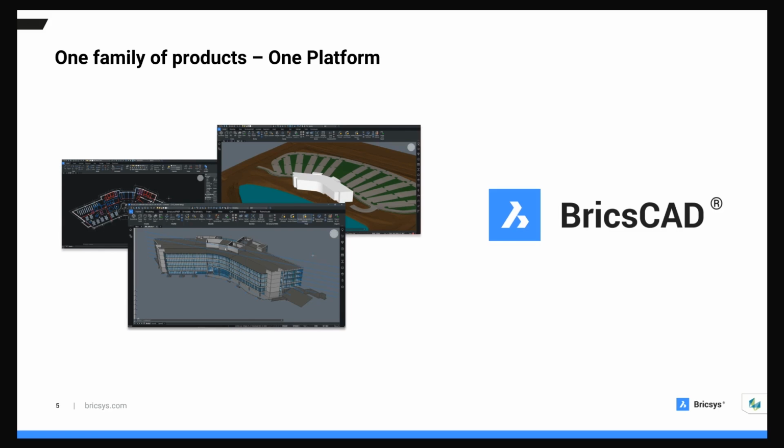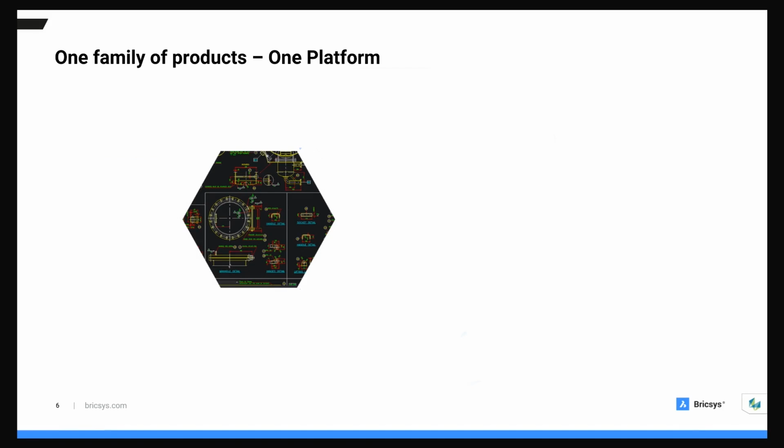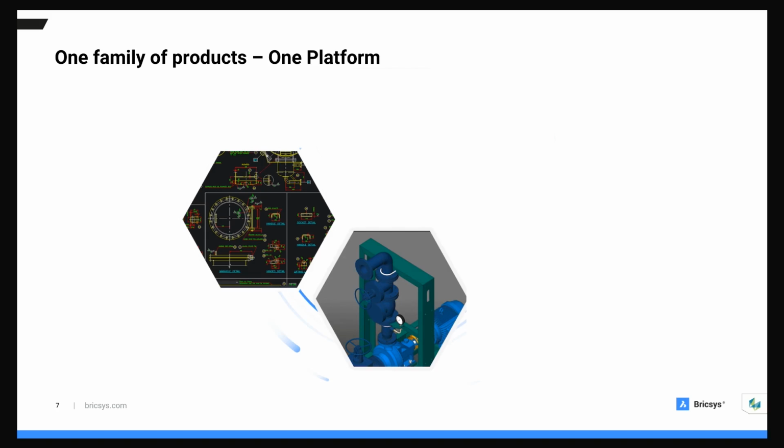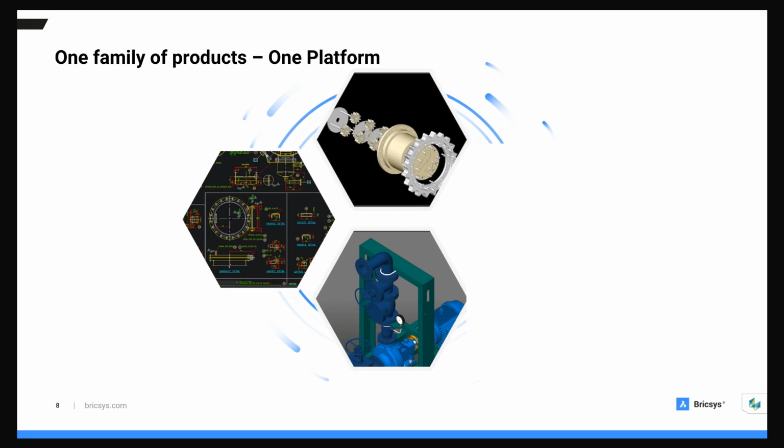BricsCAD is unique. It's an innovative, cost-effective, DWG-based CAD platform, which gives you 2D CAD for fast and efficient drafting, fully based on the industry standard DWG format. We give you 2D and 3D, which is what we're going to cover today in session 2, to help you solve your design problems faster. Advanced intelligent mechanical design tools are available in mechanical, enabling greater design freedom.